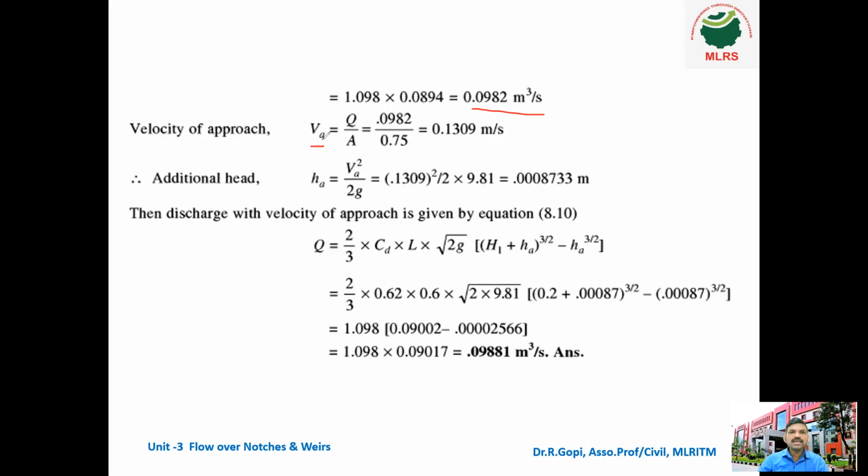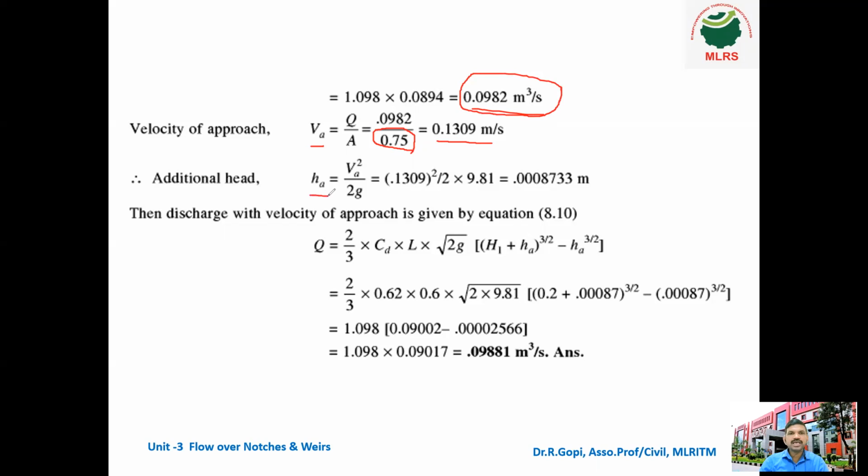So VA is equal to Q divided by A, where A is 1 into 0.75, the channel width. We got VA equal to 0.1309 meter per second. So using this discharge value, we calculate VA.